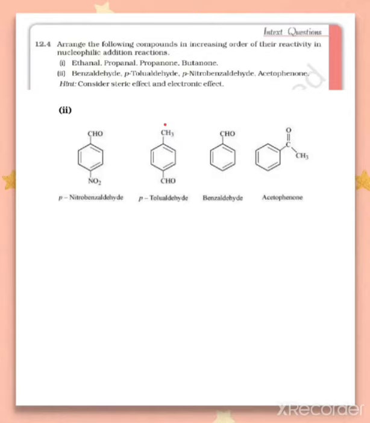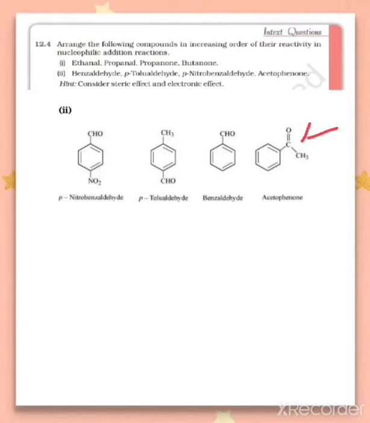Then the molecule, that benzaldehyde, is called as p-tolualdehyde, and if there is a nitro group at para position to a benzaldehyde, then it is called as p-nitrobenzaldehyde. Now we need to compare the reactivity here, as we know that ketones are less reactive. So here which one is a ketonic group?